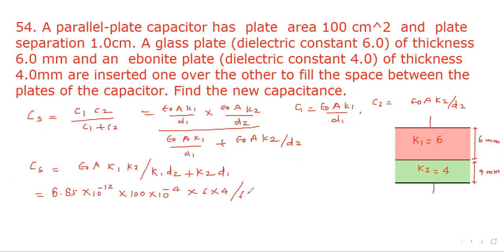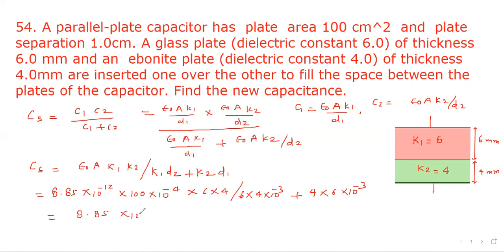So K1 is 6, D2 is 4 mm, 4 into 10 to the power minus 3, plus K2 D1, K2 is 4, D1 is 6 into 10 to the power minus 3. Now we simplify it.